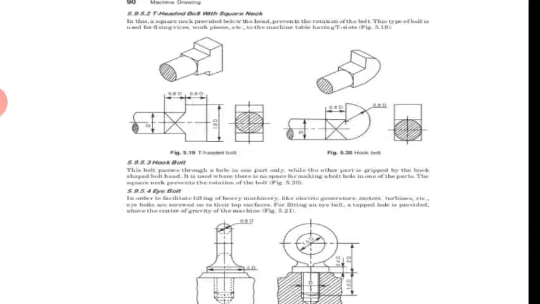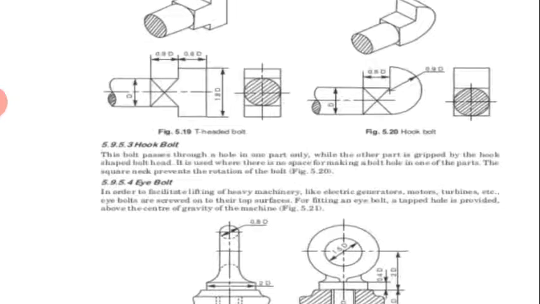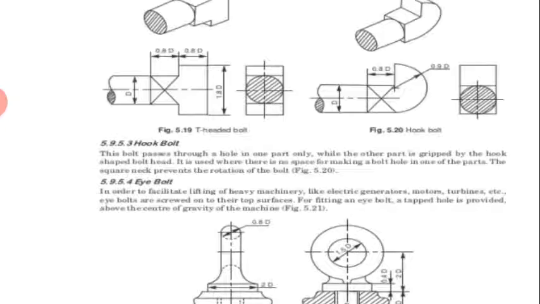First is the T-headed bolt. Take an appropriate diameter. We can take the diameter as 20 mm, then D is equal to 20.